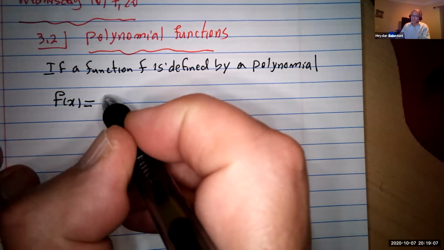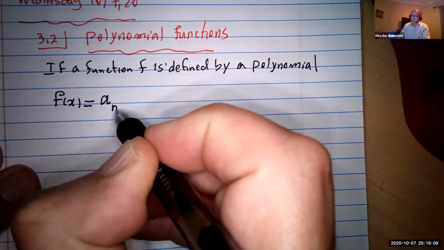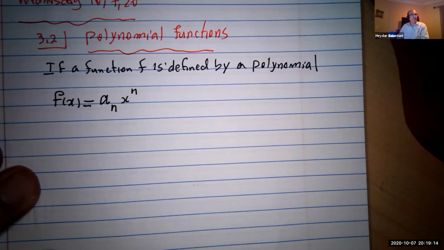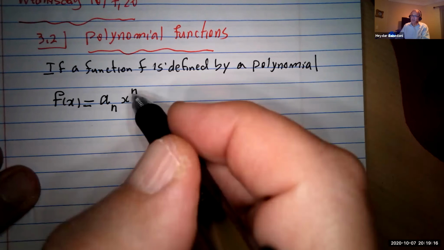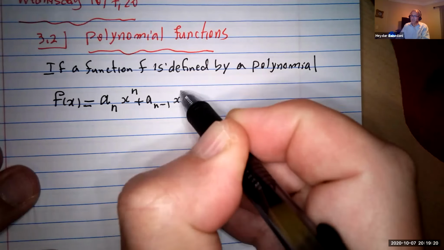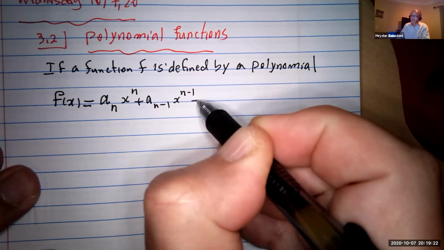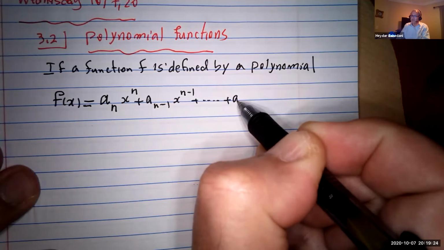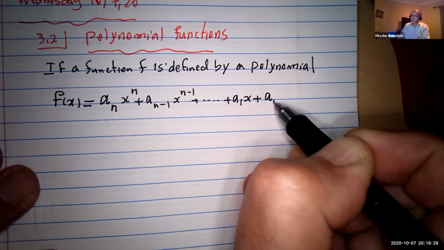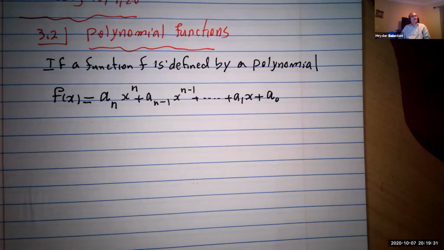We usually go with the first coefficient, which we call an, times x to the n, like 2x to the fifth, for example. Then if we keep going down, it's an minus 1 times x to the n minus 1, and we continue to get to the first power, a1 x, and the last number, which we call a0. That's a standard notation that we're going to use.